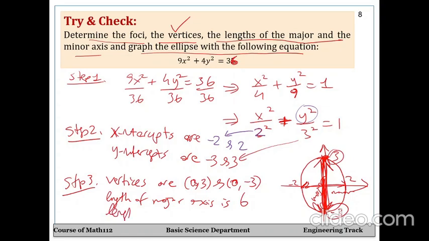So the length of the minor axis, okay, this is the minor axis, it goes from minus 2 to 2, so it will be 4. Now it comes to the foci here. So how can you find the foci?